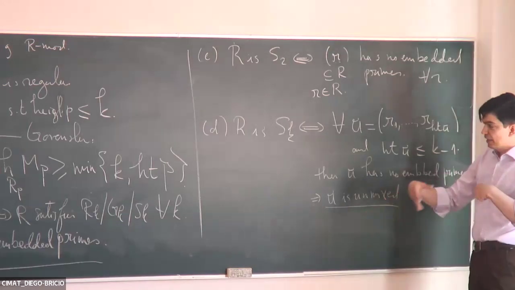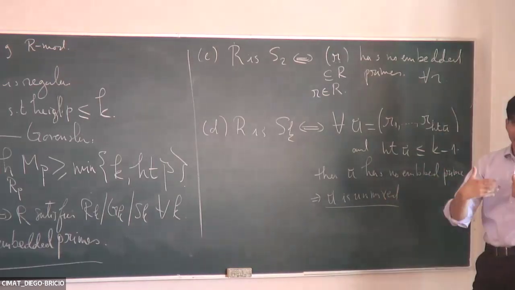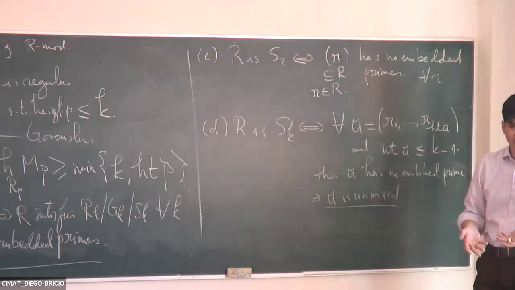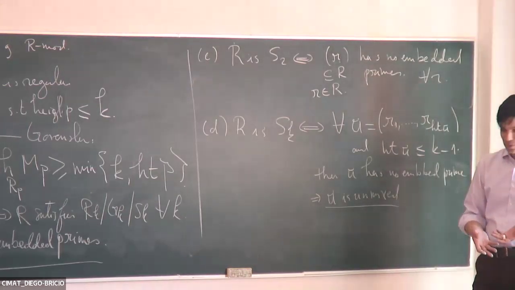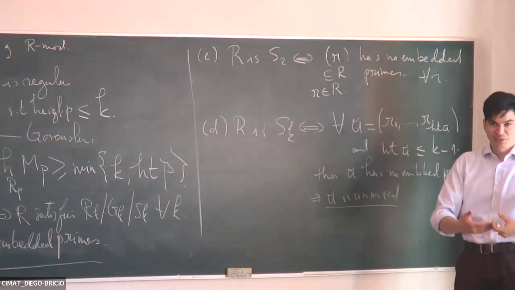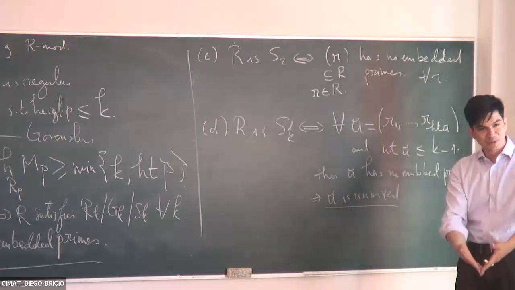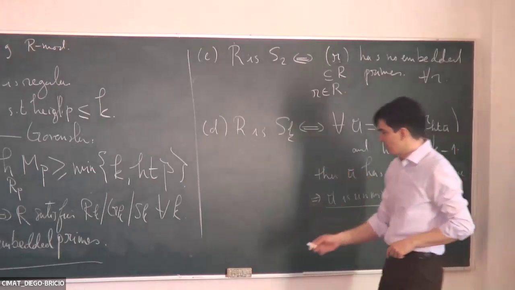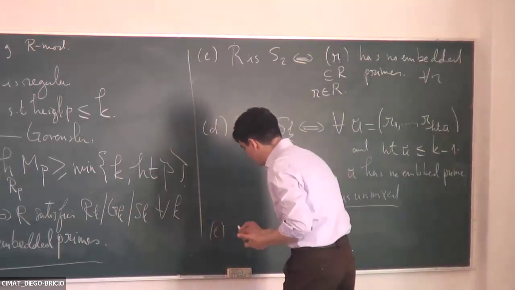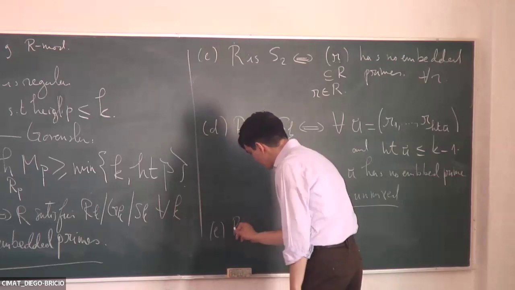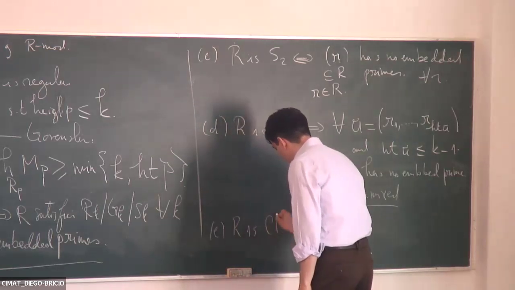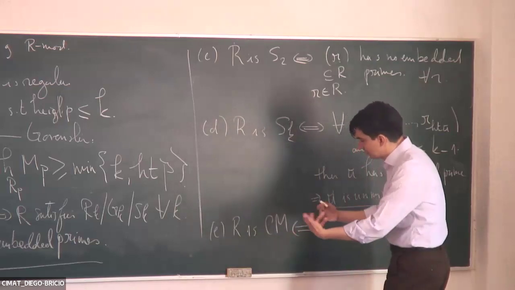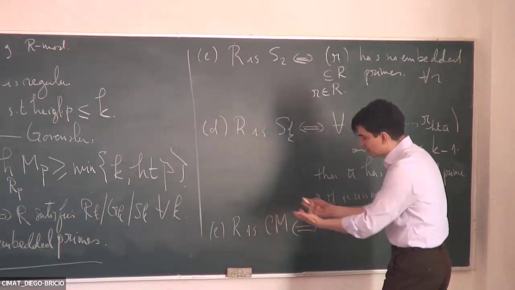And that was a property that the polynomial ring has, and actually Macaulay himself proved that. So what he did was secretly to prove that the polynomial ring is Macaulay, and therefore it has the unmixed property. And so as a corollary, you see that R is Macaulay if and only if, but people will say, the unmixed theorem holds on R.